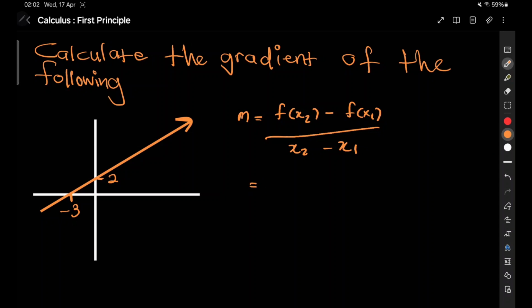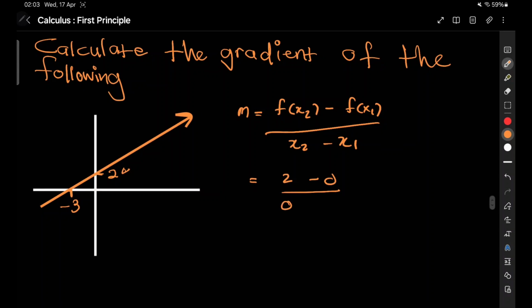If we substitute all the coordinates, we know that f(x2), we're going to call this one f(x2), will be 2 minus, and obviously x here will be 0 since it's intercepting the y-axis, all over the coordinate of x at that point where y is 2, it's 0 since it's the y-intercept, and the other one will be minus 3.